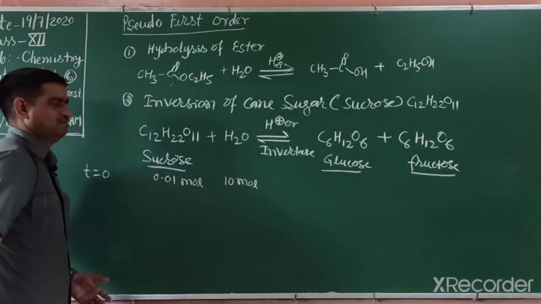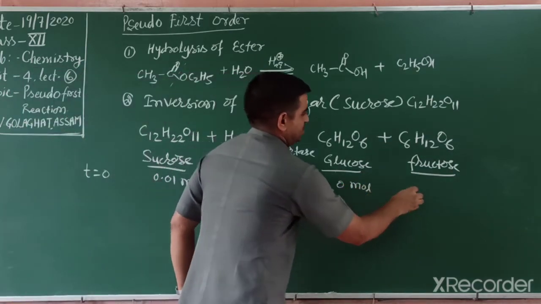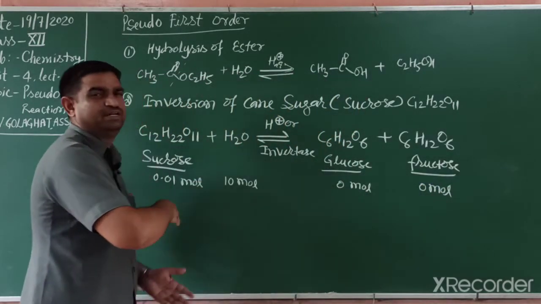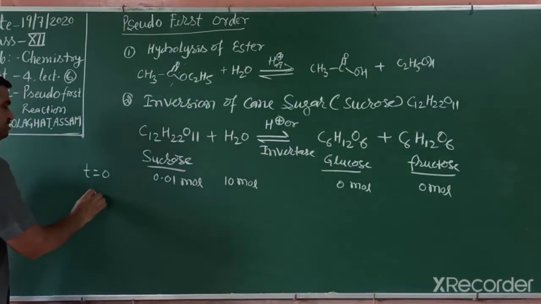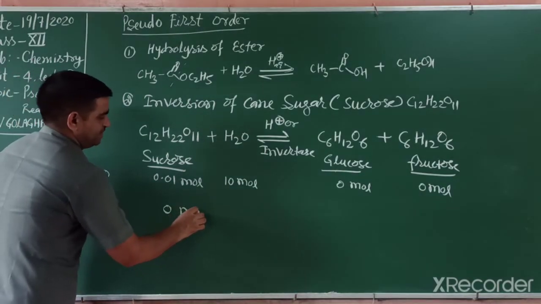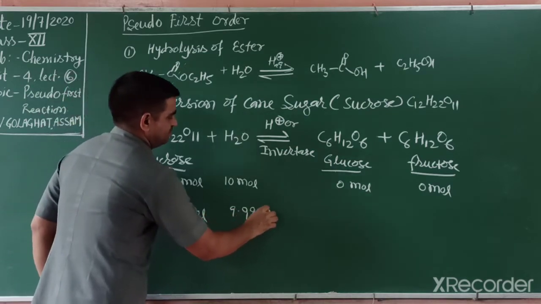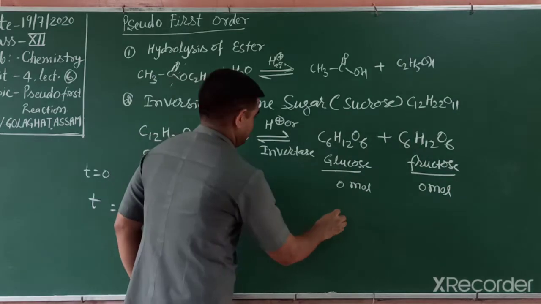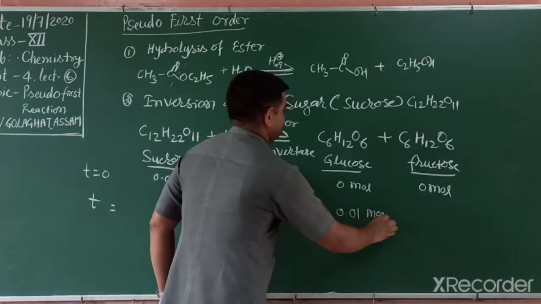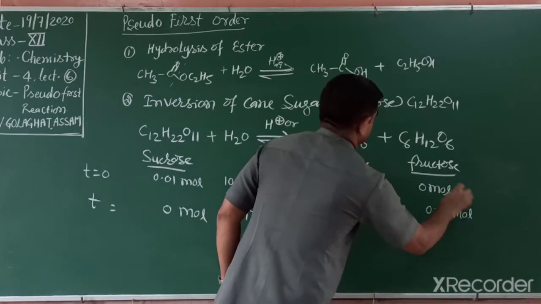Then after some time, at initial they are 0 mole and they are also 0 mole. After the reaction is complete at time t, with complete hydrolysis, this one is 0, this remaining is 9.99, and this converts into 0.01 and 0.01 according to the stoichiometry.